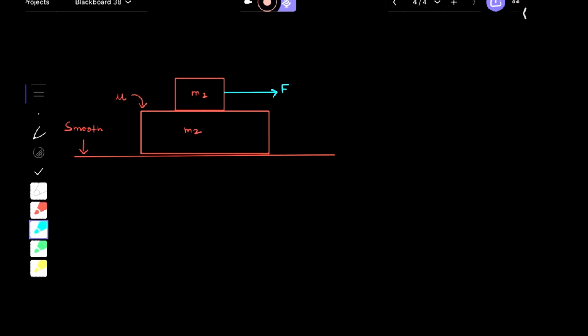So here we are applying a force F, and we have to find the maximum force F that we can apply so that both the blocks can move together.